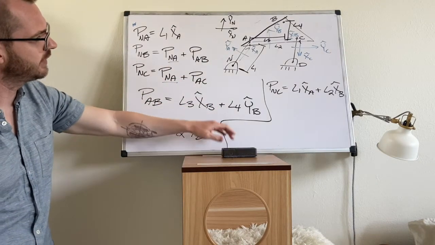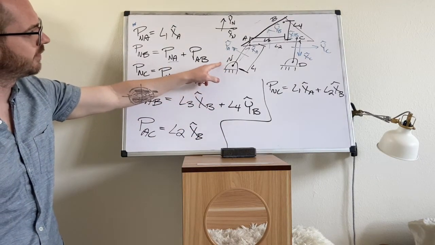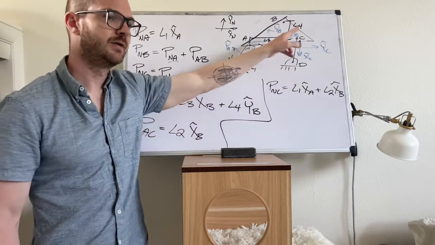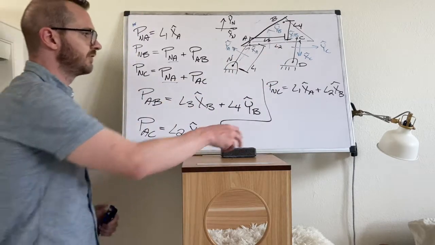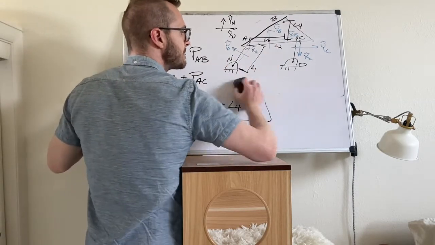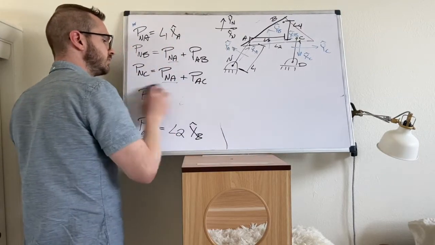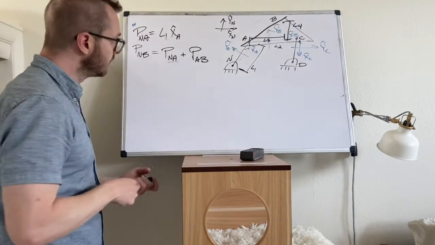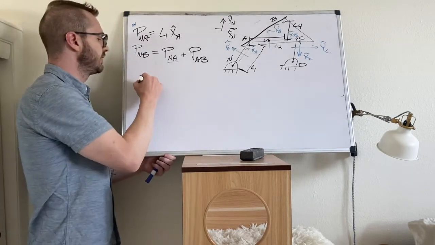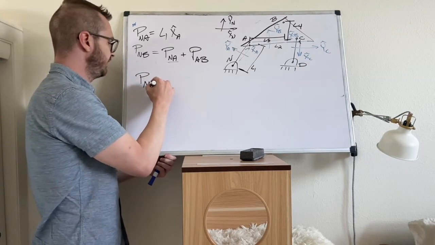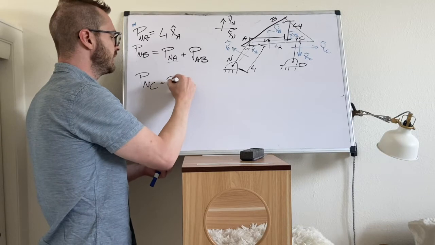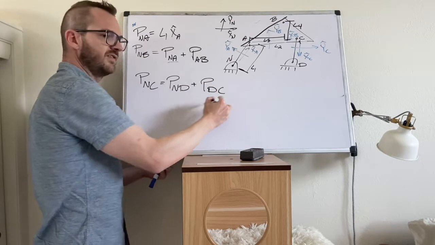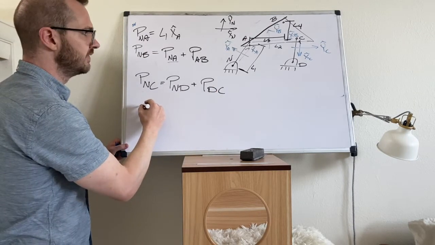Before we move on, how might we have approached it if we went from the position vector from N to D to C, just as an academic exercise? Let's do that one. This time I'm going to say that P_N to C equals P_N to D plus P_D to C. So what are these then?